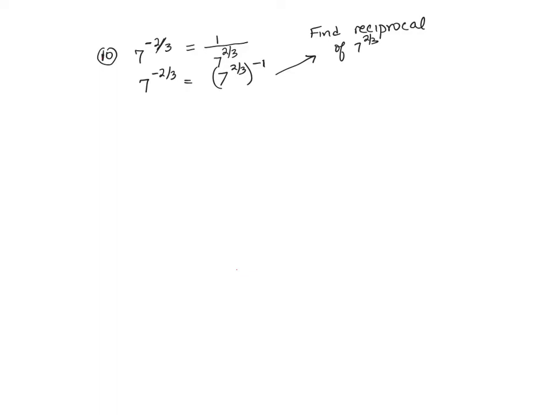So let's take a look at these. I'll put this as 10a, 10b, and 10c. 36 to the negative 3 halves. Let's compute these. 32 to the negative 3/5.